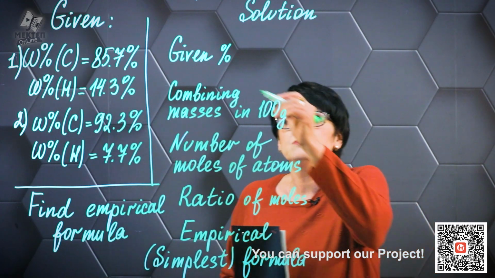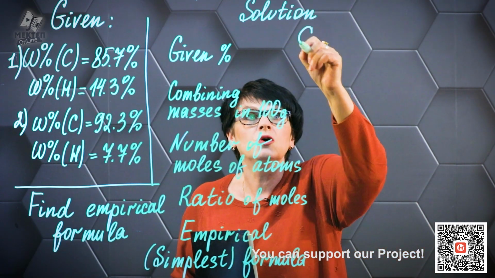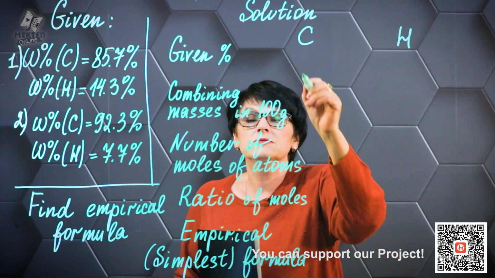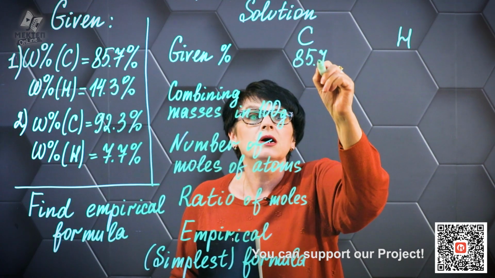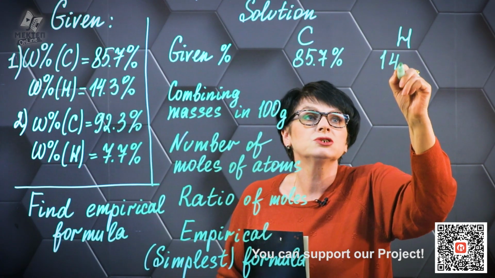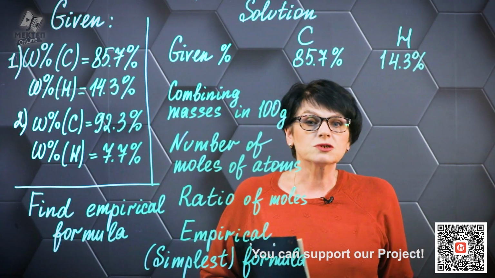Look, we are given elements. In this case, we are solving the first problem, carbon and hydrogen. For each of these elements, we have specified percentages: 85.7% for carbon, and for the second, 14.3%, which is hydrogen.